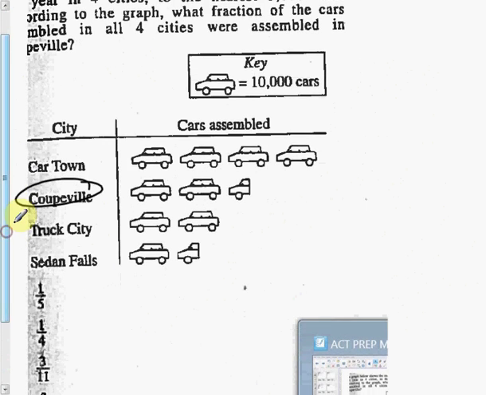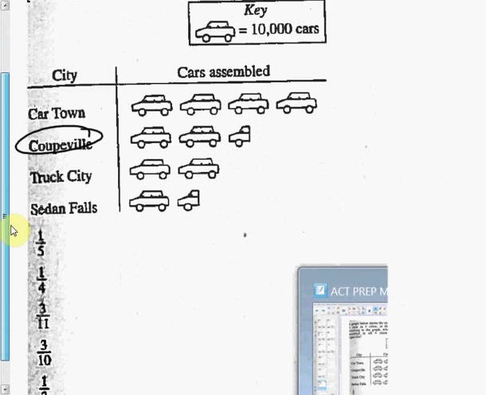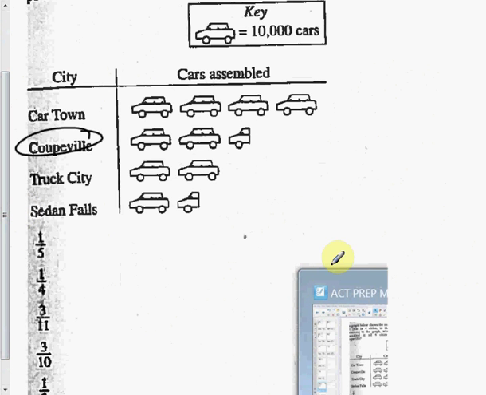So to be able to calculate this ratio or fraction, you need to know how many is in Coupeville divided by how many is in the total. So we have the number assembled in Coupeville divided by the total number.